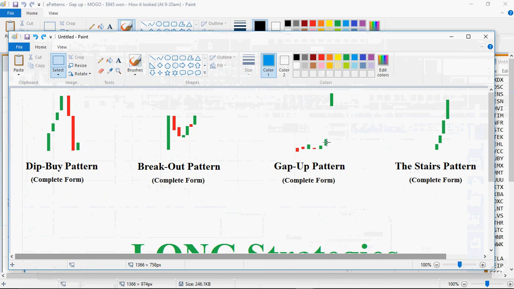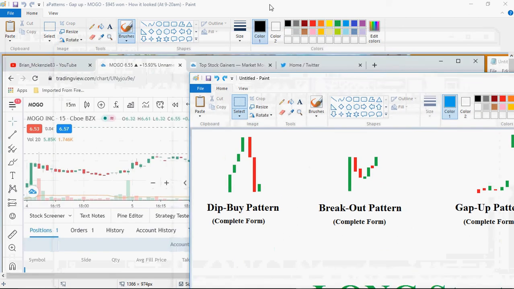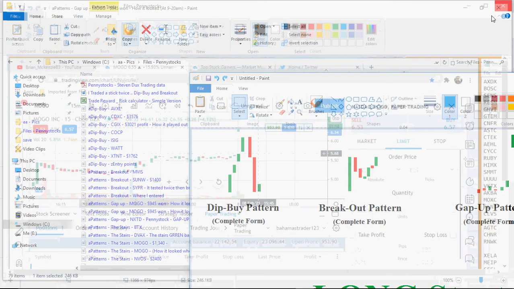Check to see if it closed with a green bar. If it does, enter the green bar and hold overnight. So the next day, it'll just gap up, and you make a huge profit and the market isn't even open yet. That's basically all you need to know. The rest you will learn.